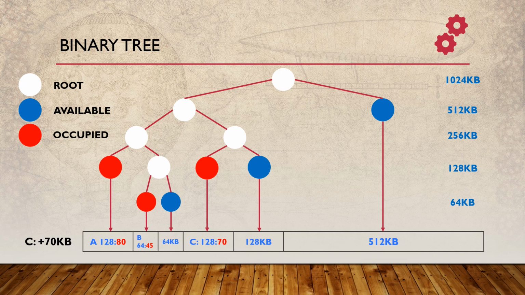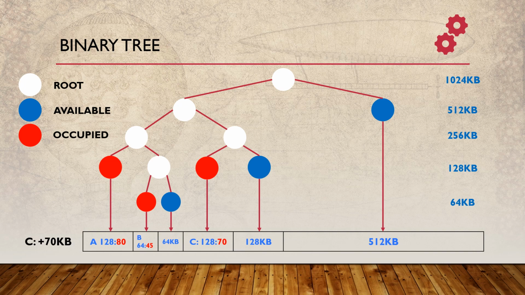Now in this figure I will be using three different colors for representation: white color for root, blue color for available, and red color for occupied. I would like to start with the top part, which is 1024 kilobytes. The 1024 kilobytes will be a root node, and it will be divided into two children, which are 512 kilobytes.